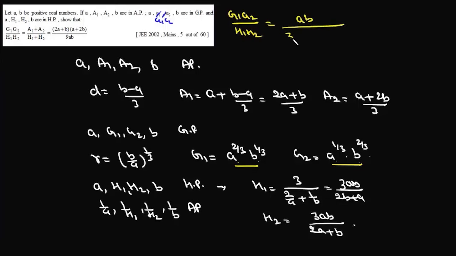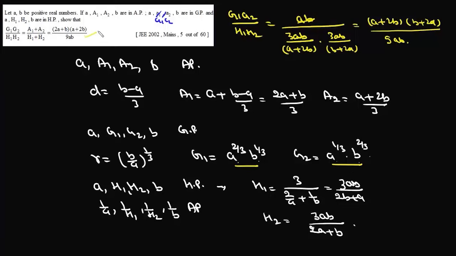Now this is 3AB upon (A plus 2B), and this is 3AB upon (B plus 2A). Now this AB and AB will cancel, so it will be equal to (A plus 2B) into (B plus 2A) upon 9AB, which is this right hand side.